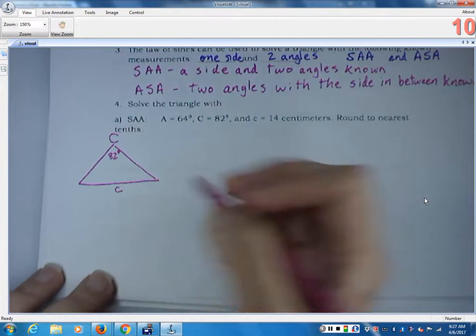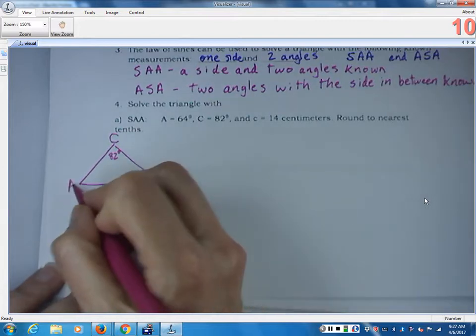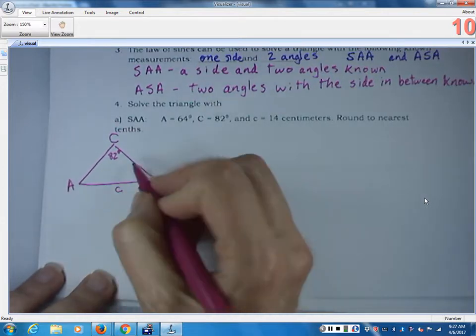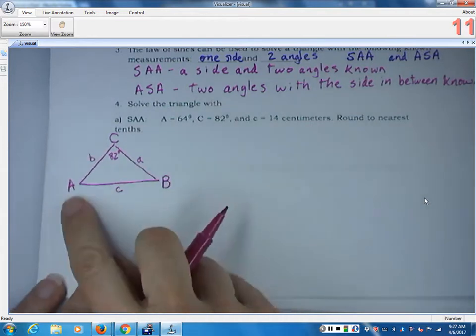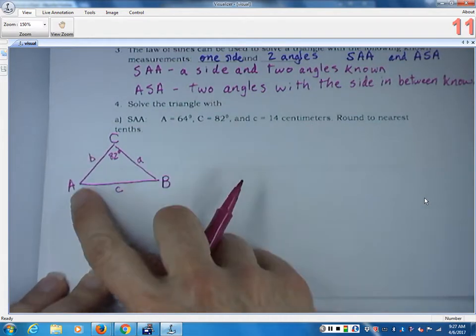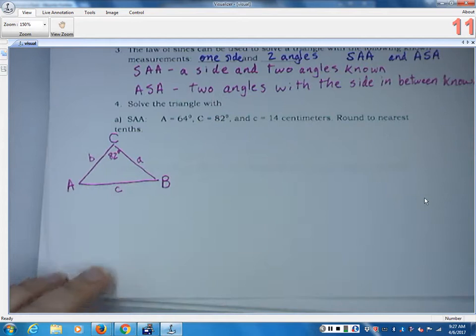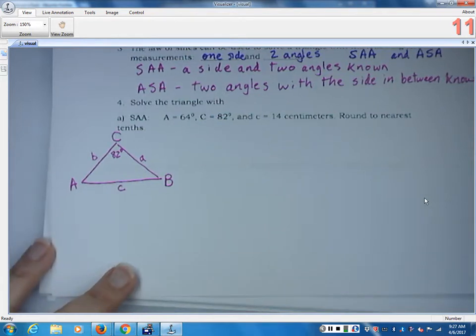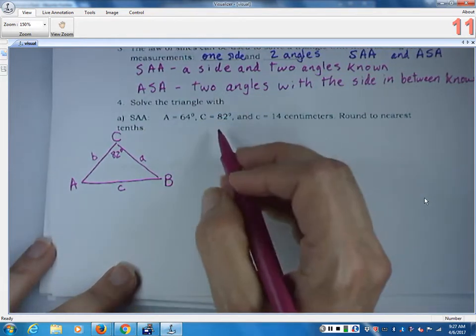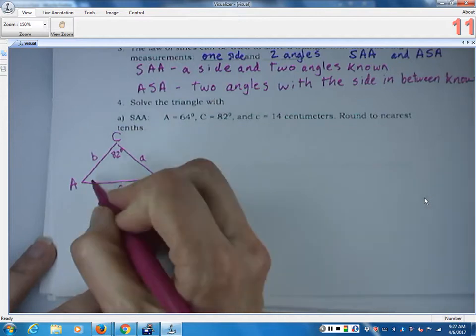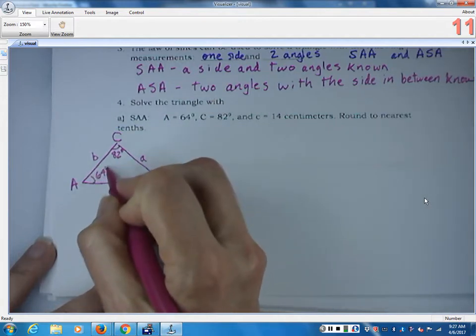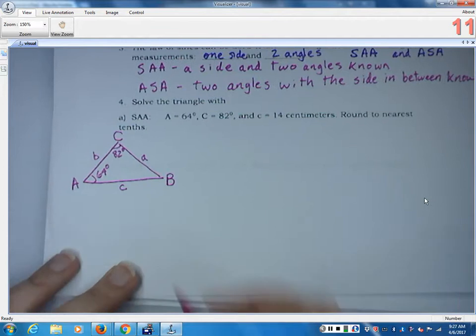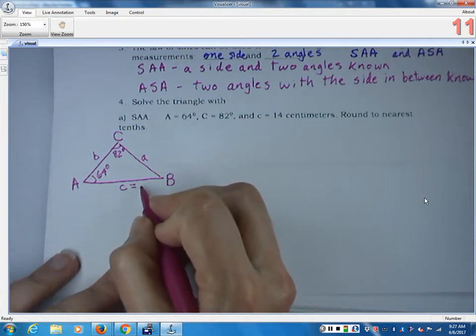I guess I'm writing A here and B here, as long as you make the small a across from the capital A angle. Okay, so C is 82 and A is 64 degrees. And we've got a side known of 14 centimeters.